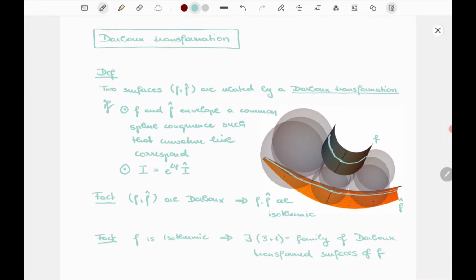Why 3+1? So these three parameters belong to the free choice of one initial point in R3. And the fourth parameter is a spectral parameter that represents the integrability of this transformation. So for one isothermic surface, I can construct a four-parameter family of new isothermic surfaces by using this Darboux transformation.